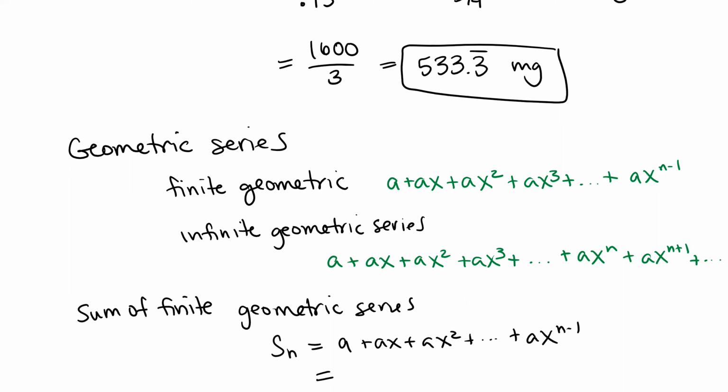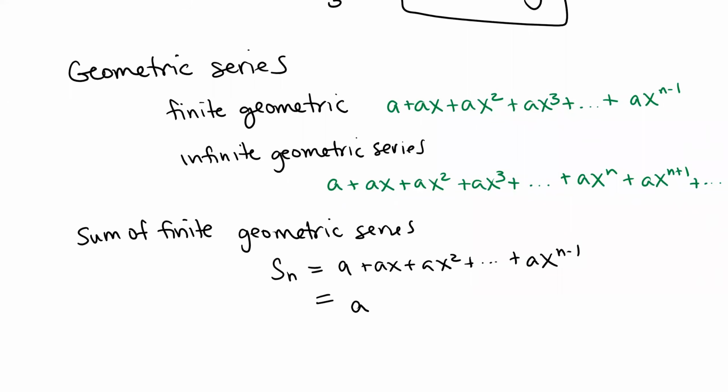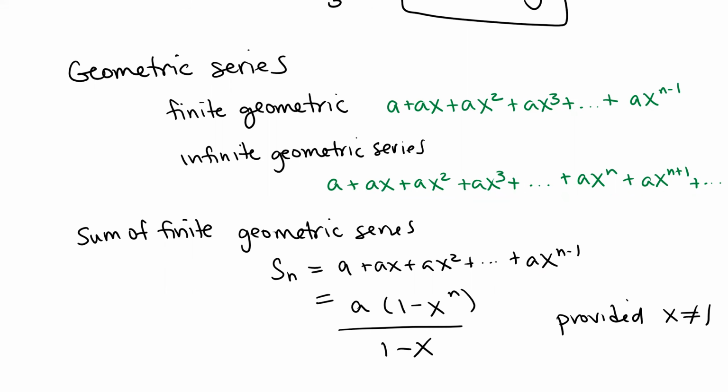Our shortcut here is a times 1 minus x to the n divided by 1 minus x. And this is provided x does not equal 1. We can see if we plug in x equals 1, our denominator will be 0, and that'll break our geometric series. Okay, so this is how we can write up our shortcut for a finite geometric series.